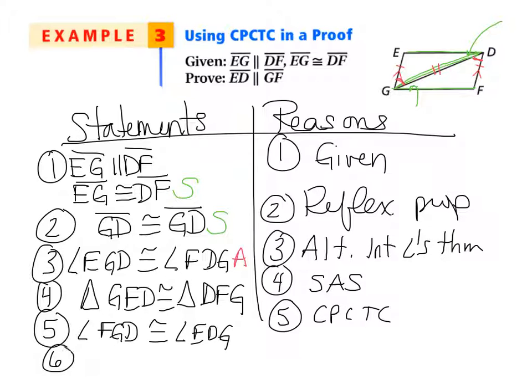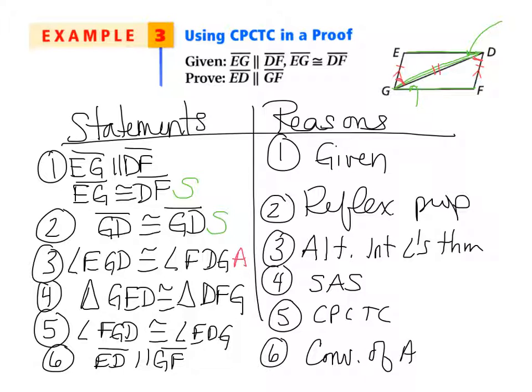Now, one more step. I can say segment ED is now parallel to segment GF. Why? Because of the converse of the alternate interior angles theorem.